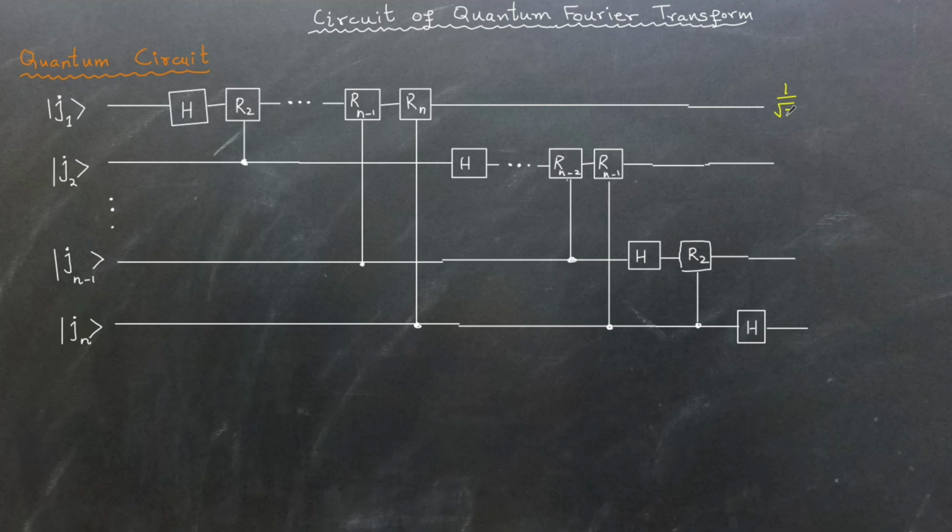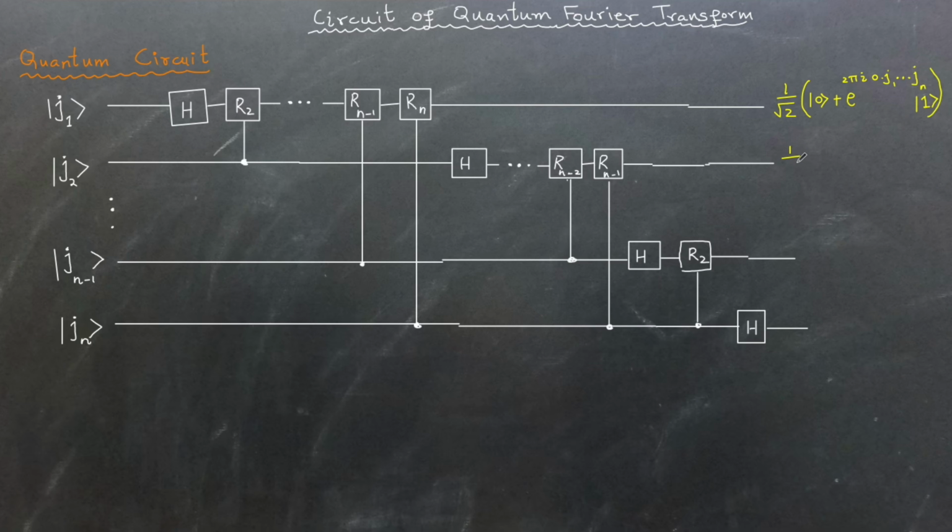The output of the line corresponding to ket j1 will be a superposition of two states, one ket 0, another where the state is ket 1 but with a phase factor applied. The phase factor is given by Euler number raised to the power of 2 pi i times the fractional binary value formed by digits j1, j2 and continuing up to jn.